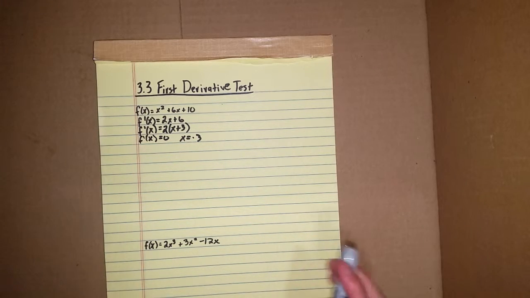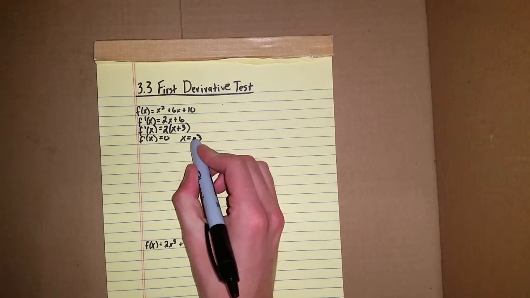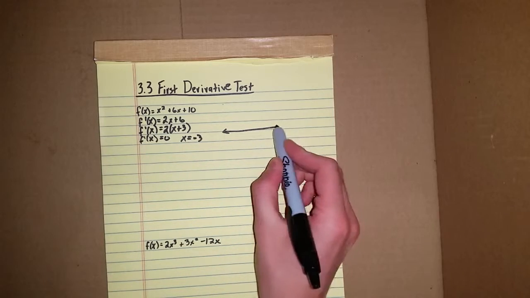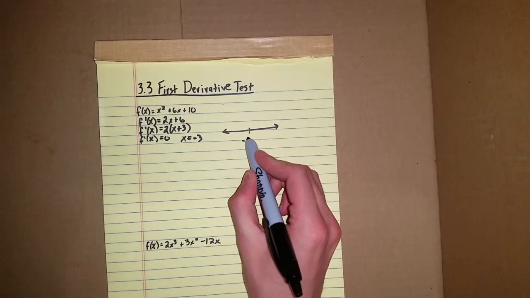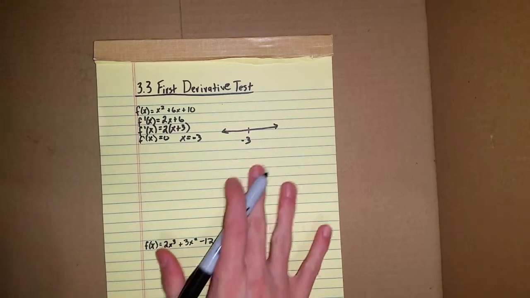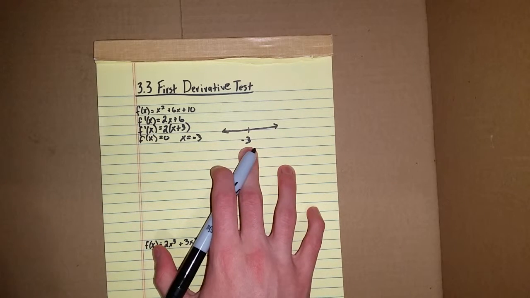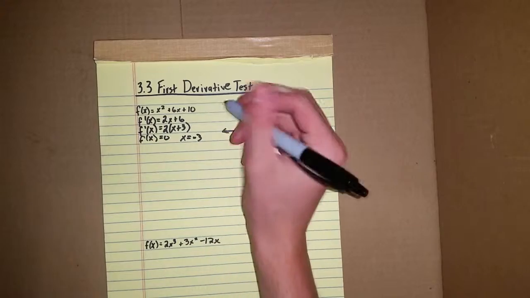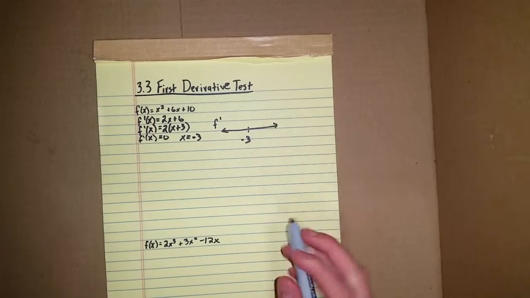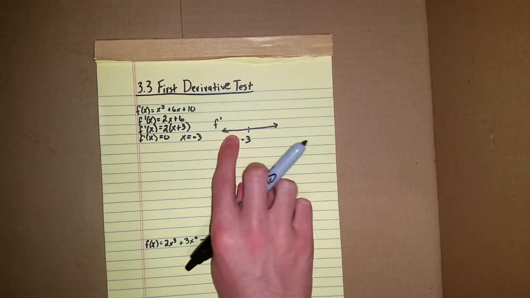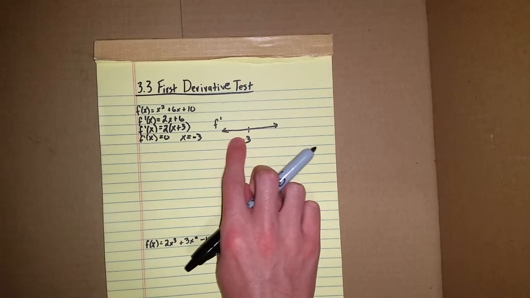So then, what you want to do next is test around your intervals. So we're going to make a number line here where negative 3 is a point on the number line. And we're going to test, and this is f prime. Test on f prime. So pick any number that's less than negative 3.